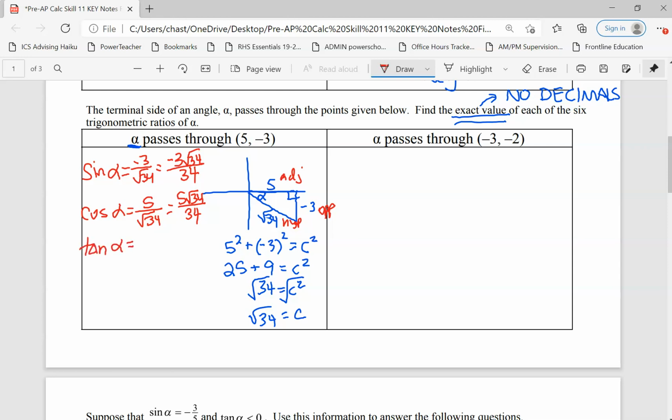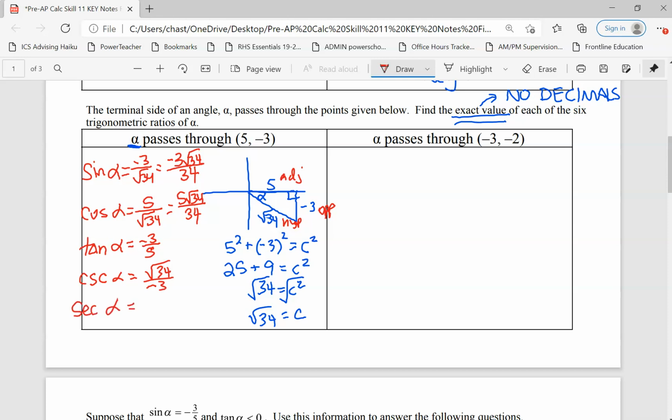Tangent of alpha is opposite over adjacent, so negative 3 over 5. For the cosecant, we take the reciprocal of sine. I'm going to use the unrationalized version, because when I flip it upside down, it will be rationalized.